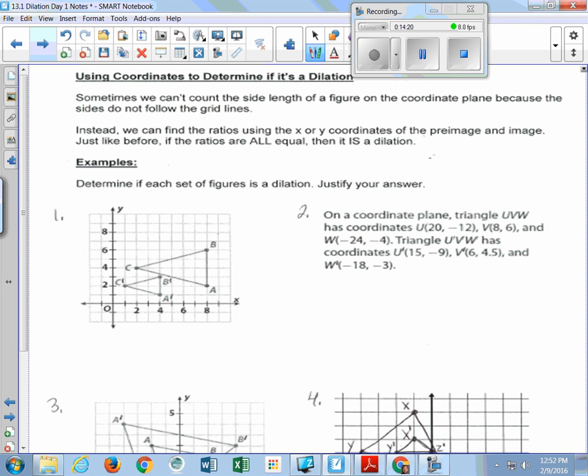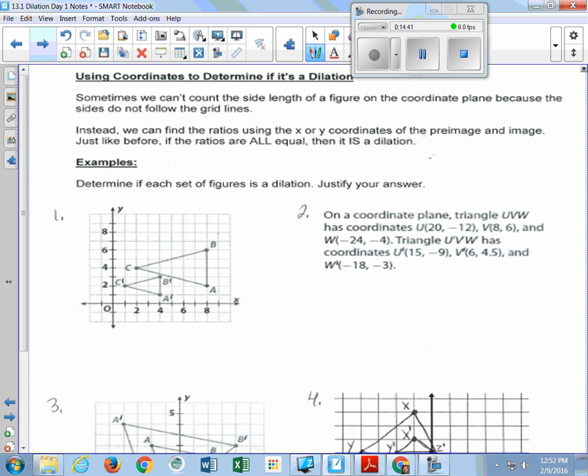Okay, moving on, last page. Now this video is a little long, but we got to get through it. All right, using coordinates to determine if it is a dilation. Sometimes we can't count the side length of a figure on the coordinate plane because the sides do not follow the grid lines.